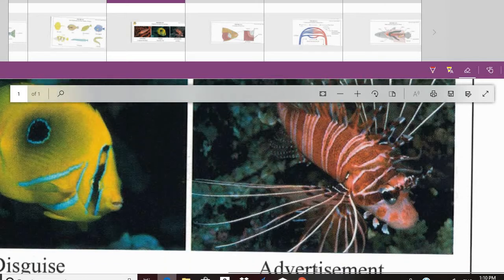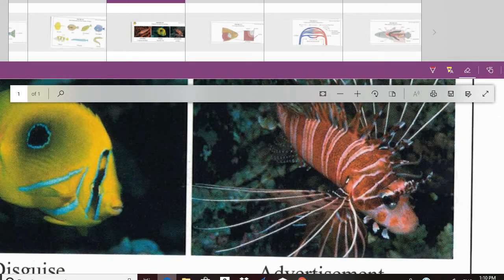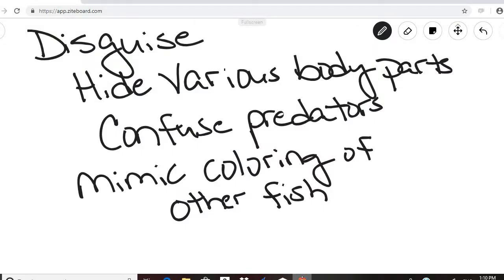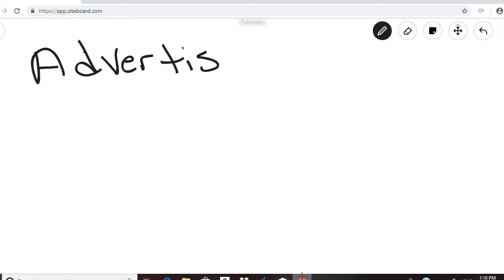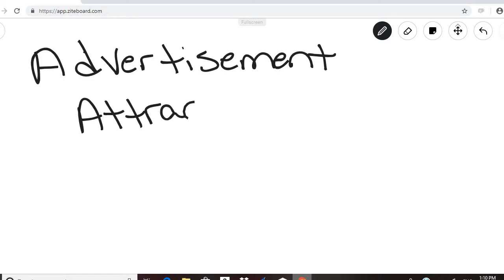Okay, then lastly, the last one is advertisement. In advertisement, they are trying to attract other fish to them, and that's primarily for mating. So they will attract mates. But another thing they will also use it for is to attract other fish that they want to clean.